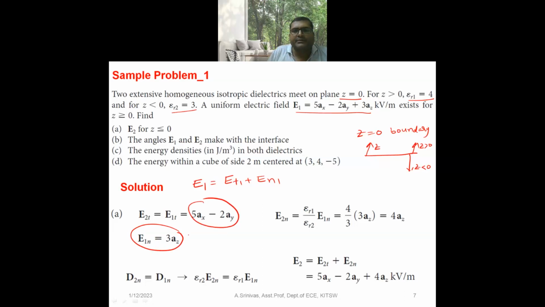And based on these two parameters, you can apply ET1 is equal to ET2. Here both the medias are dielectric, so DN1 is equal to DN2. By substituting the relevant parameters, you will get the value of E2, and the angle made by the electric fields.